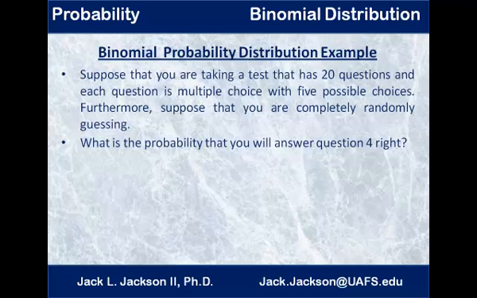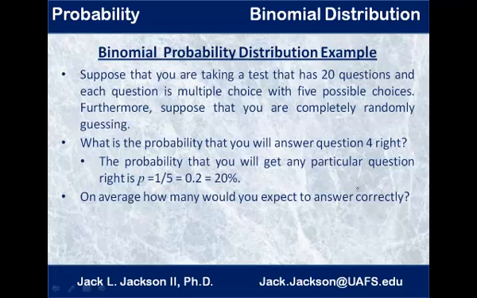What's the probability question number 4 will be answered correctly if you just randomly guess? Well, you've got 5 choices, and only one of them is correct, so the probability you'll get that one correct is 1/5. In fact, if you take any one particular question, you're going to get 1/5 as a probability.